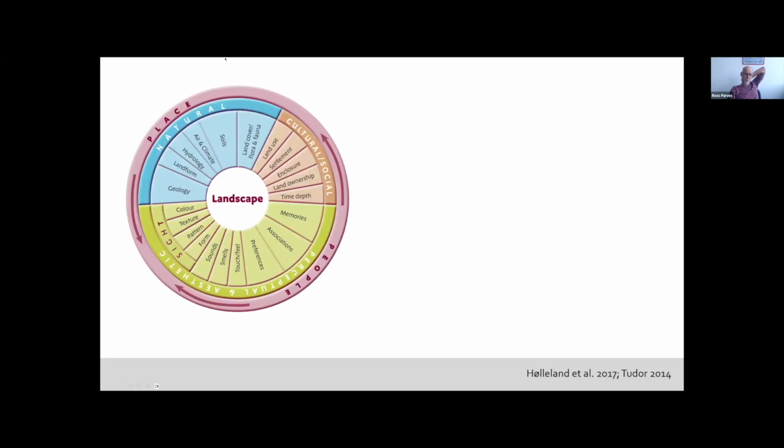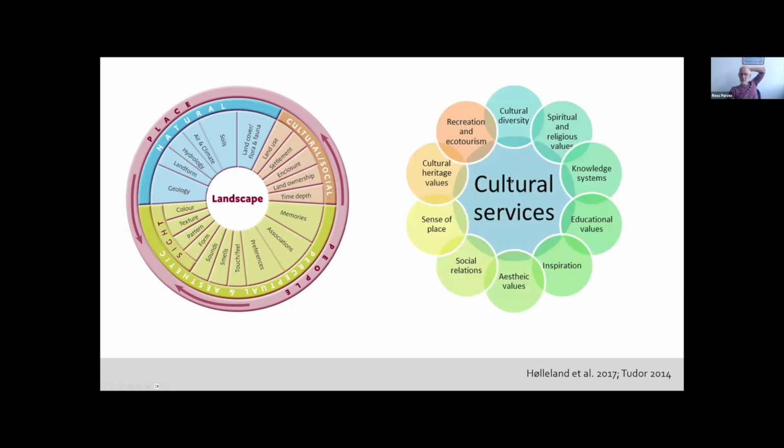This wheel shows you different dimensions of landscape character assessment, and you can see here this perceptual and aesthetic, and for instance, preferences and sounds and memories and associations, and that's kind of the area we're working in. And if we look at cultural services, you can see things like recreation or sense of place or inspiration, but you don't really see on either of these tranquility specifically.